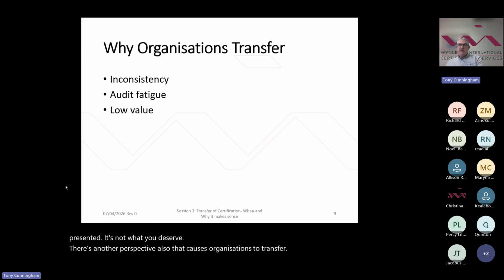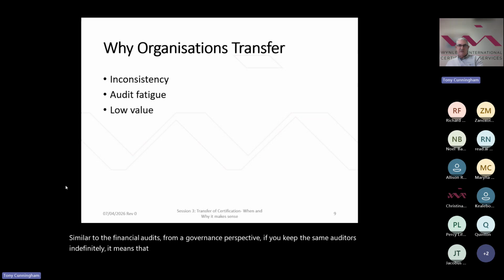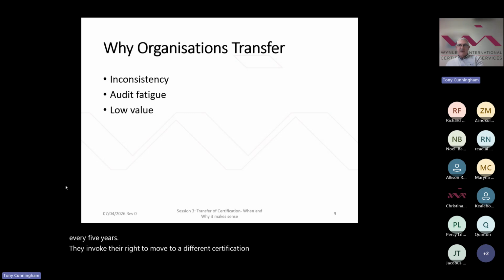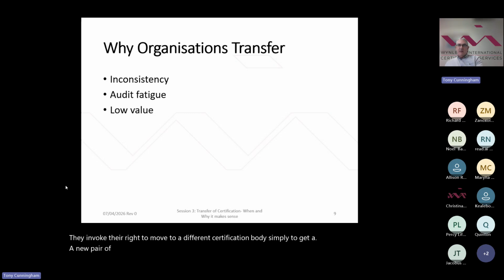Similar to the financial audits, from a governance perspective, if you keep the same auditors indefinitely, it means that they get familiar with your systems and they may not be as objective as they could be. And so we're well aware that businesses do change for that reason, that every 5 years they invoke their right to move to a different certification body simply to get a new pair of eyes on their system.